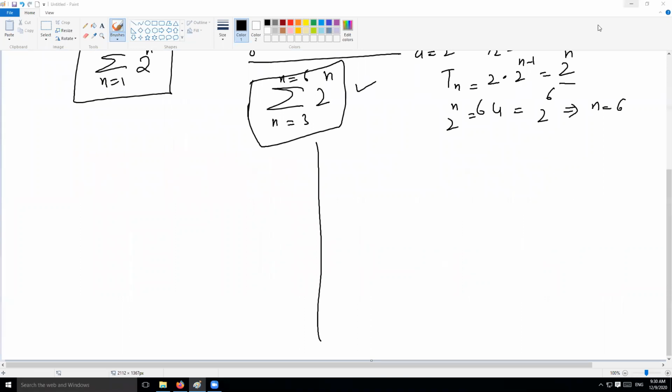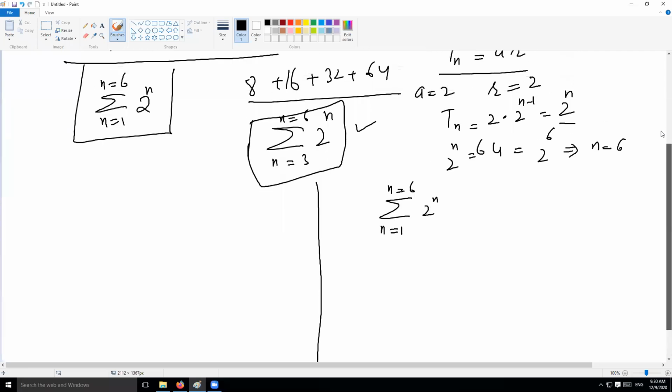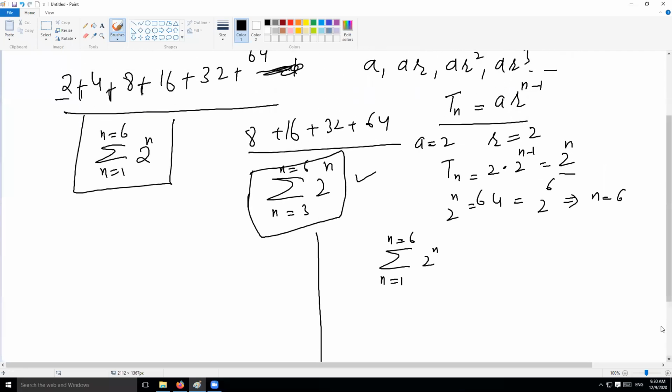All right. You have to keep this in mind: if I'm using n in the sigma notation, say n equal to 1 to n equal to 6, 2 power n, this is going to give me a sum that starts from 2 and goes up to 64.